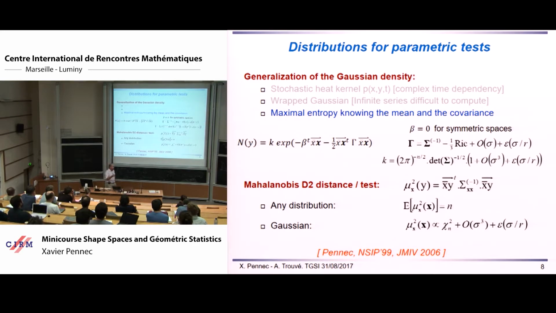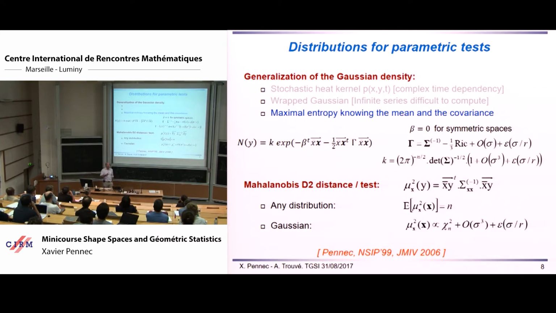It turns out that for symmetric spaces, beta equals 0, and we can have Taylor expansions of the parameters here. And here the concentration, I don't want to call that exactly the precision matrix, because as you see, it is not just the inverse of the covariance matrix. There's a correction term for the curvature.